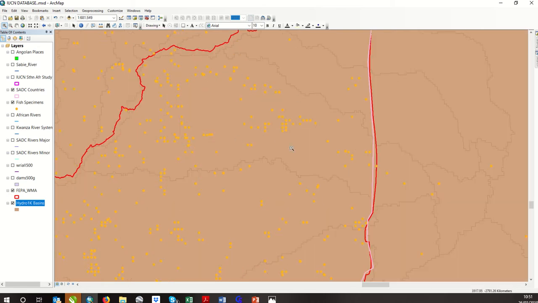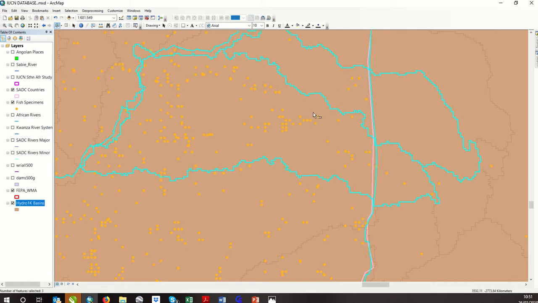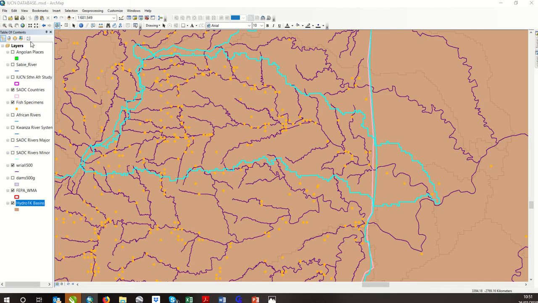And you can see here is my Sabi River catchment, and within the Sabi River catchment, I want to know what are the species that occur within this catchment. But unfortunately the resolution is not very good. If you put the rivers in over here, we're actually working right up here.